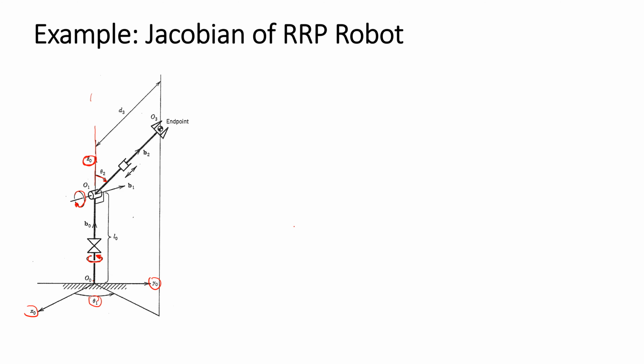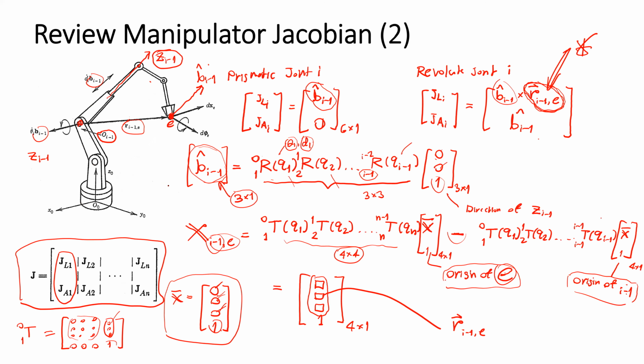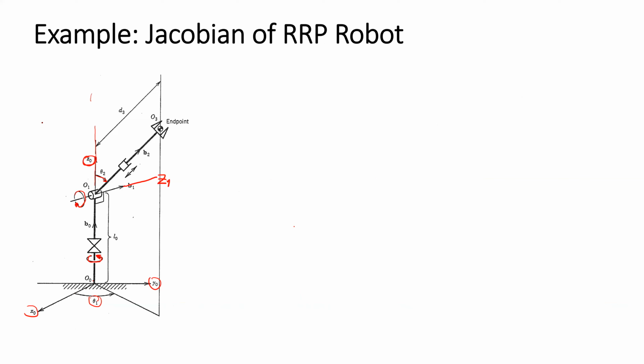If we rotate zeta 2, we are rotating about the axis d1. The unit vector we mentioned before, the unit vector that indicates the z direction of the frame, is unit vector b. So for z0, we have unit vector b0. For z1, we have unit vector b1.